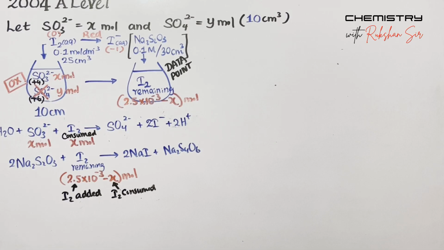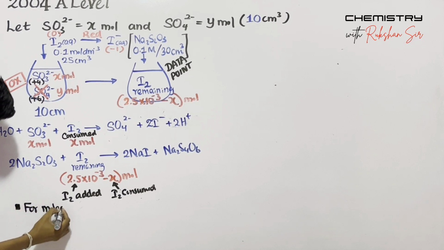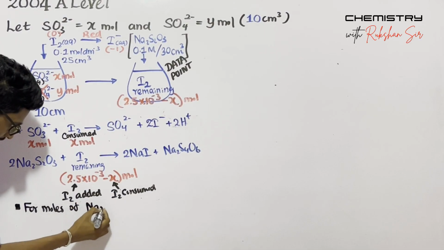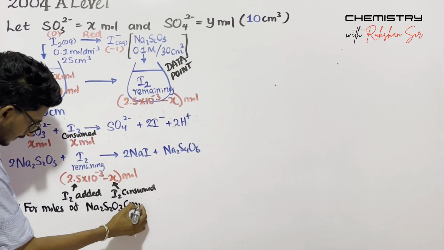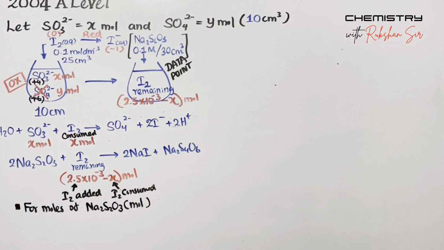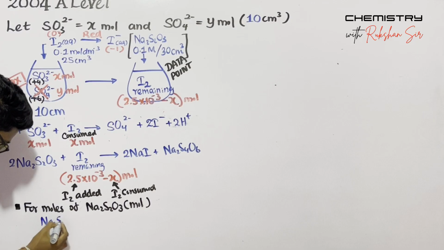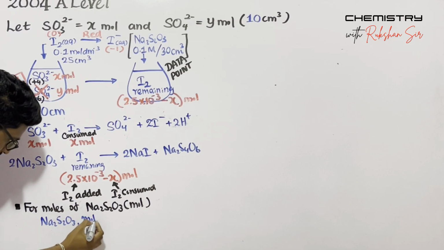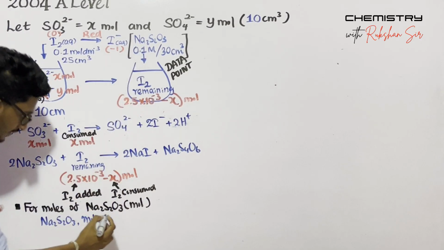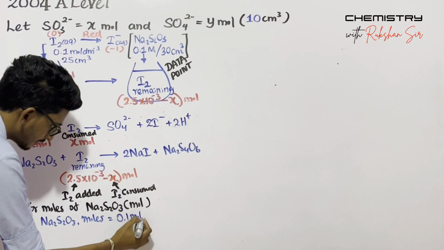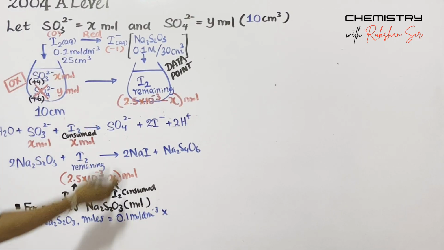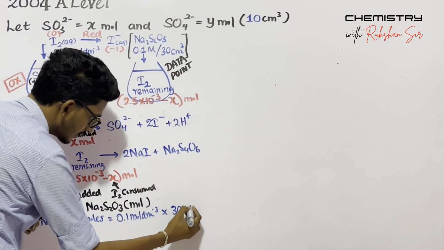So we can come up with the equation for sodium thiosulfate, right? So the moles of Na2S2O3, that amount is equal to 0.1 molar, 30 cubic centimeters consumed.